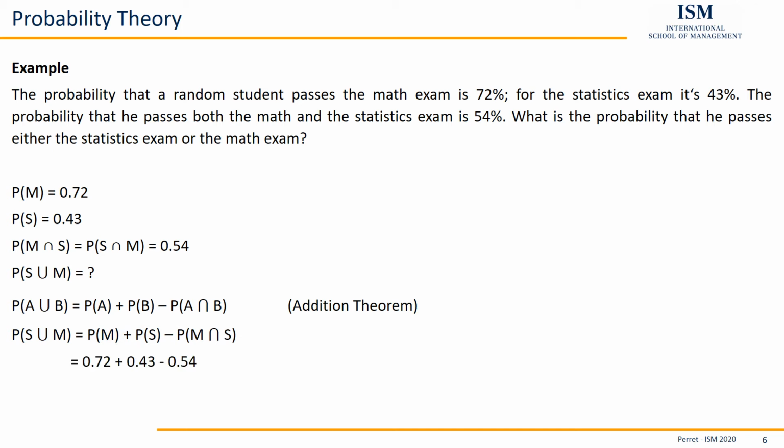If we insert our values, we get as a final result 0.61, which means we have a 61% chance of passing either math or statistics or both of them. And well, that was everything for this small example. So let's go on with the next aspect.